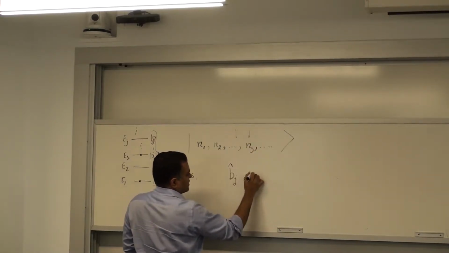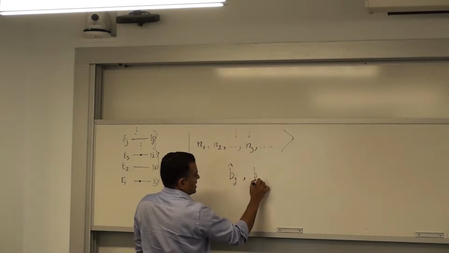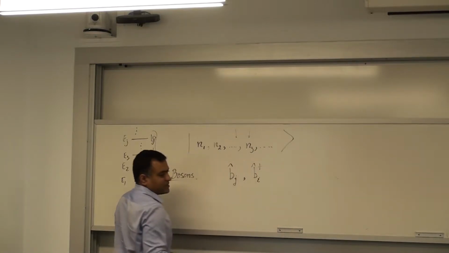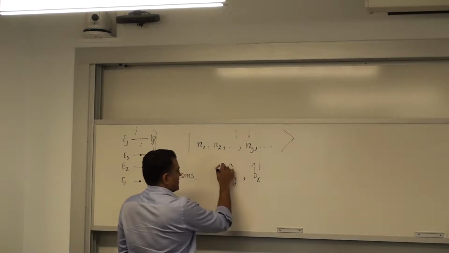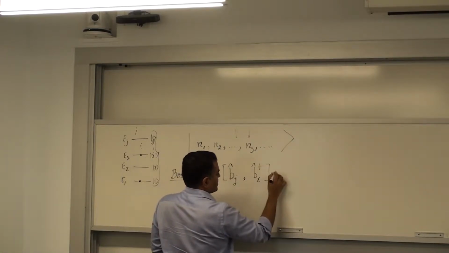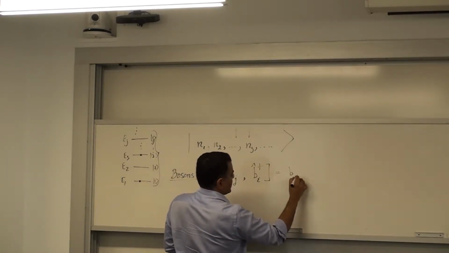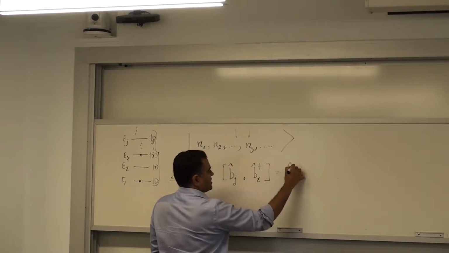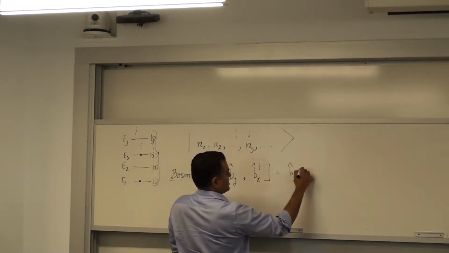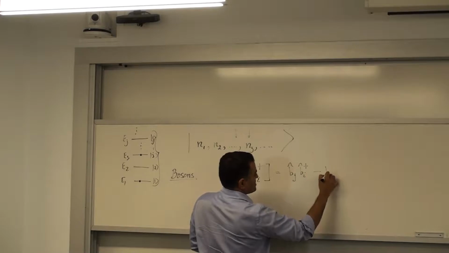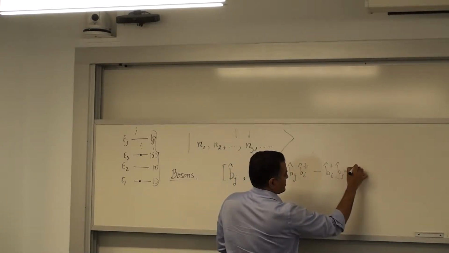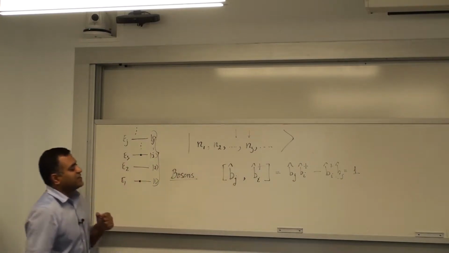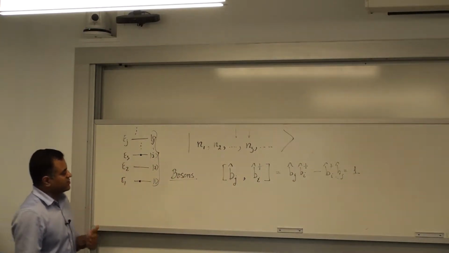Similarly, we have a creation operator, say for the ith orbital, b sub i dagger. And for bosons, these operators satisfy a very nice commutation relation, meaning if I take b_j b_i dagger minus b_i dagger b_j, that is equal to 1. So this is for bosons an intrinsic property.